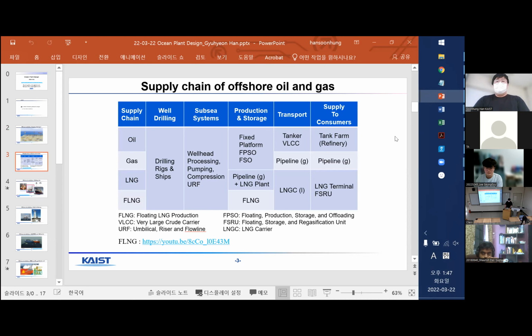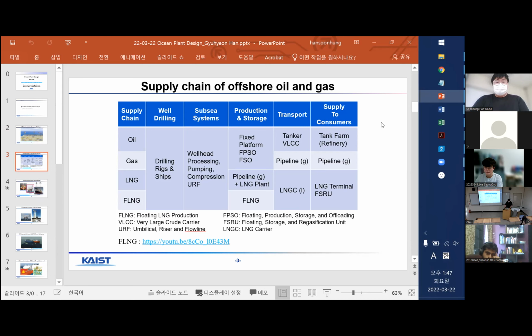Then with the well, with a tree or some subsea processing structures, you need to pre-process the oil and gas with the subsea systems. And the production and storage means post-processing and storage systems for oil or gas. Then the transport system, the tanker or pipeline or LNGC, can transport the oil and gas. Then it's supplied to customers.